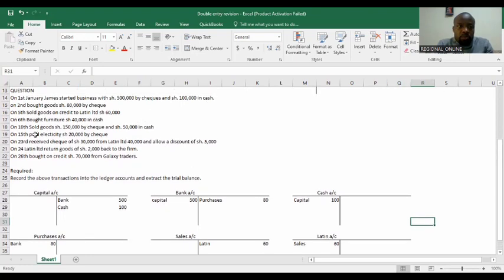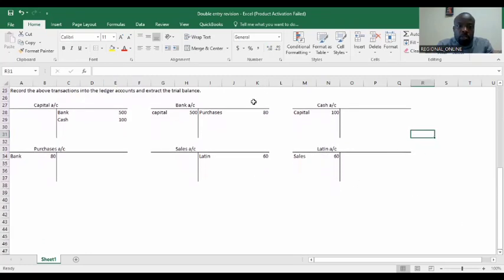Then the next transaction is on 6th, bought furniture in cash. So it's buying furniture. This time, this person is not buying goods, it's buying furniture. So the furniture is an asset to the business. Don't record it under purchases because that is not the stock.